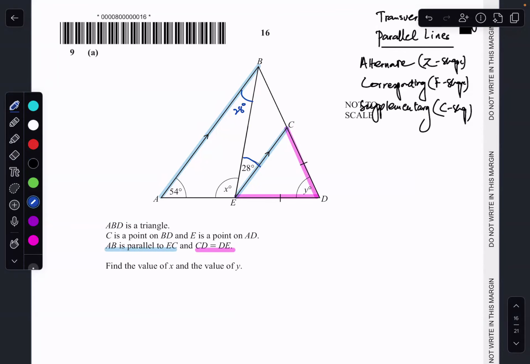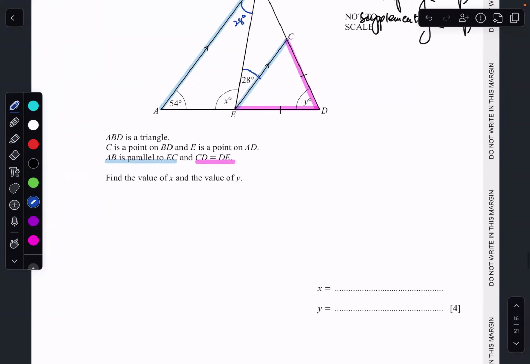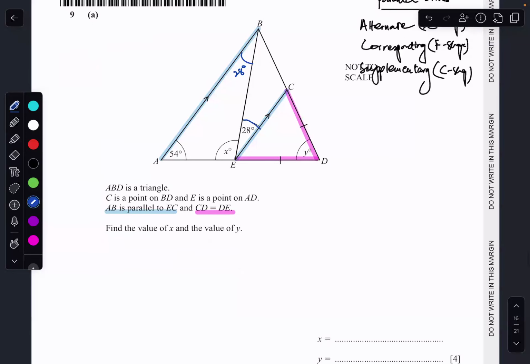Now we have angles in triangle. Now we have 4 marks for this, so give reasons. ABE is equal to BEC. That is 28. Why? Alternate angles.